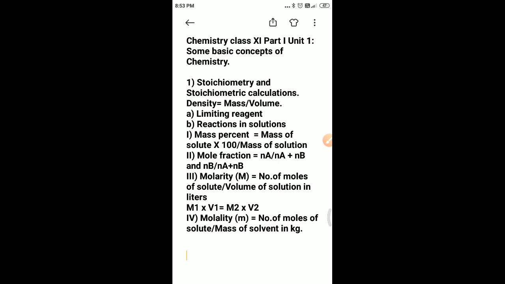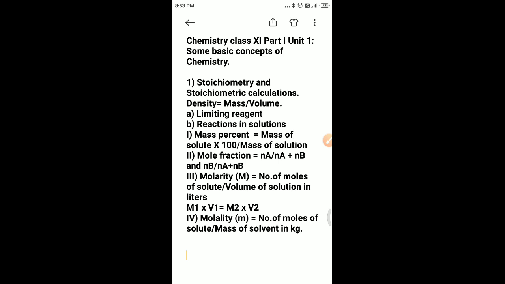Now we'll go for limiting reagent in stoichiometry and stoichiometric calculations. Many times reactions are carried out with amounts of the reactants that are different from the amounts required by a balanced chemical equation. In such a situation, one reactant is more than the amount required. The reactant which is present in the least amount gets consumed after some time, and after that further reaction does not take place.